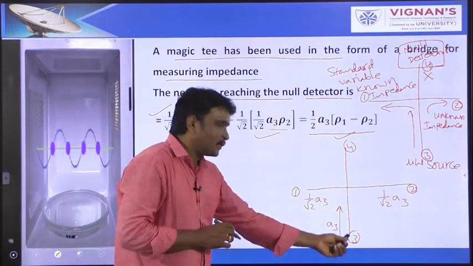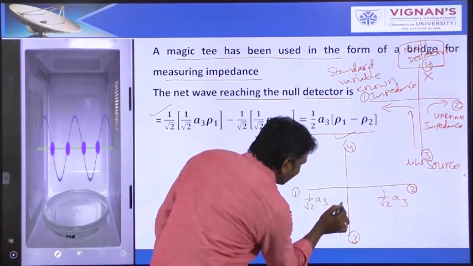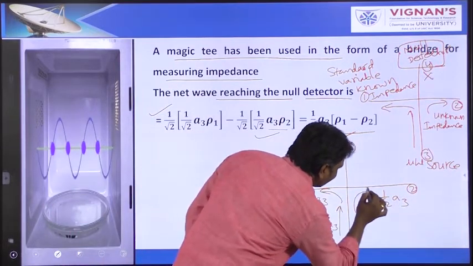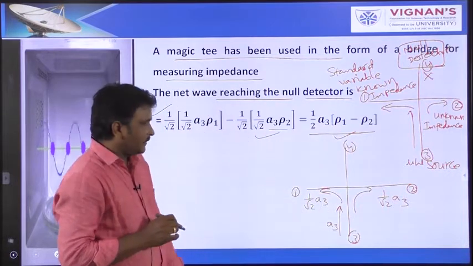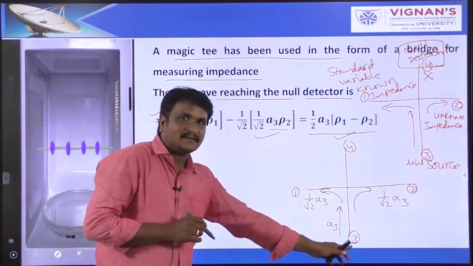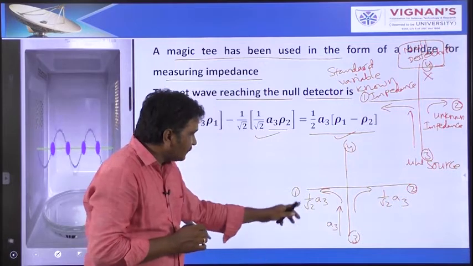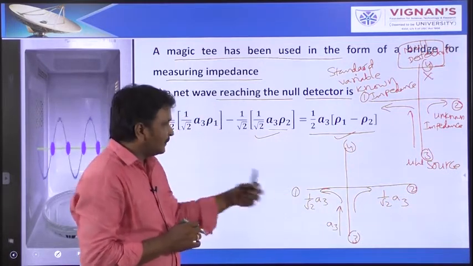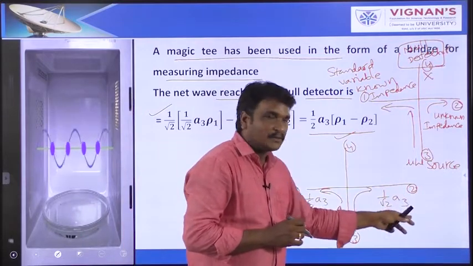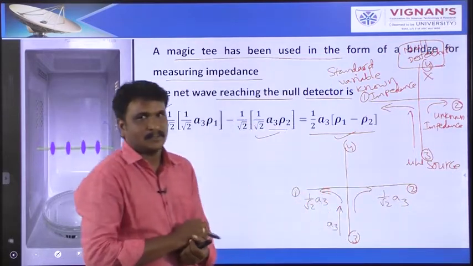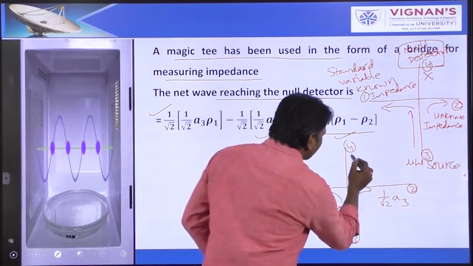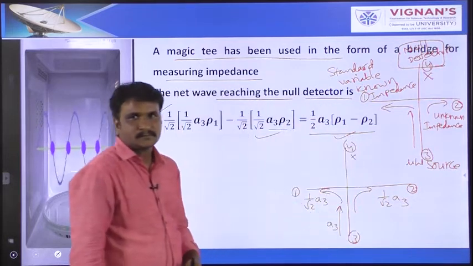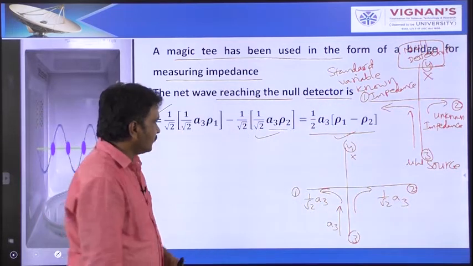If we apply input at this port, the power is equally distributed between this port and this port, right? If we apply A3 power at third port, you can get 1 by root 2 into A3 power coming out of port 1, the same amount of 1 by root 2 into A3 power coming out of port 2, right? There is no power coming out of this port, right?